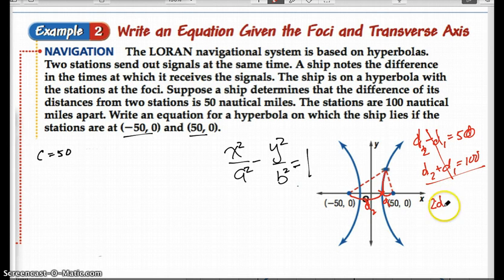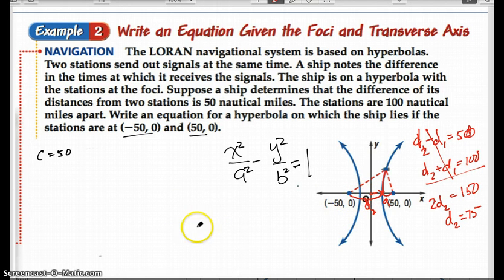I've got two D2s equal to 150, which tells me that D2, this distance from here to here, is equal to 75, because I divide both sides by 2. If this distance is 75, then this distance has to be 25, so the distance A has to be 25.